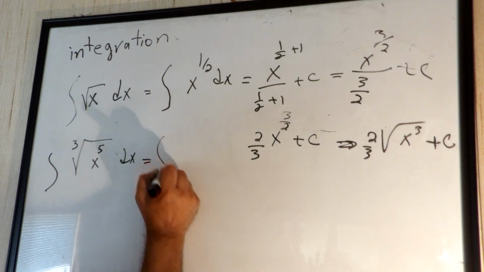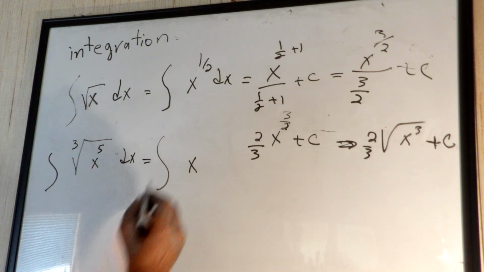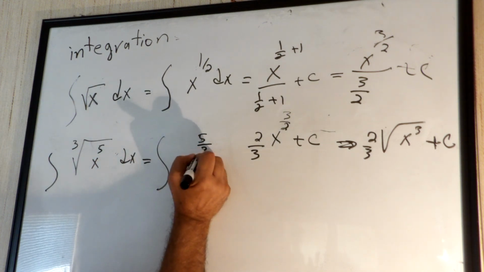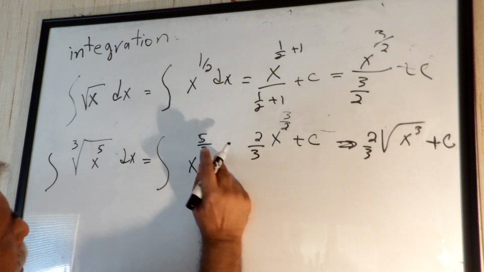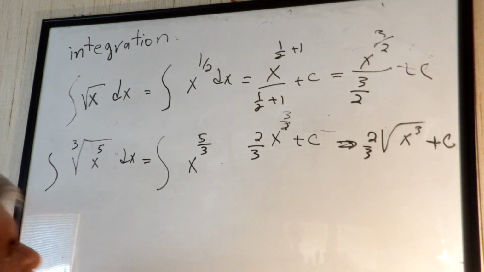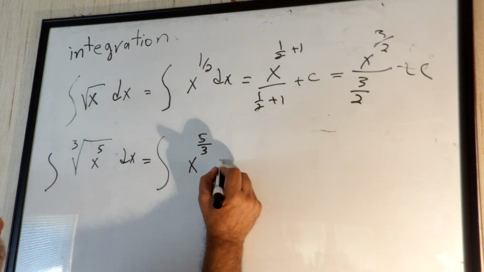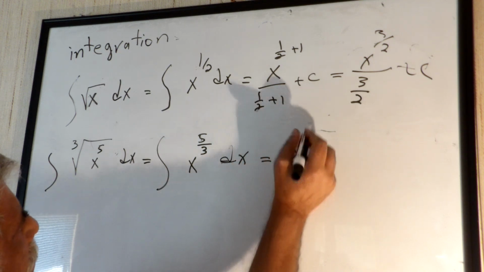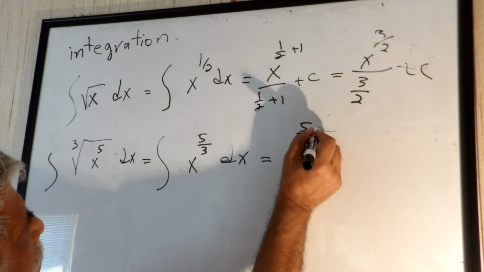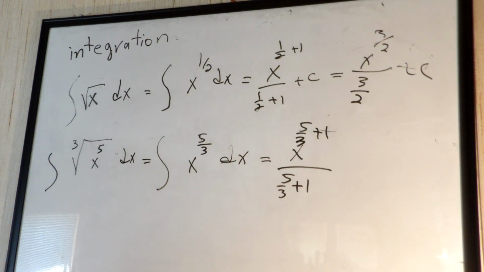So you always write the power of this one at the top and the index of this at the bottom. It's x to the 5 over 3, plus dx.